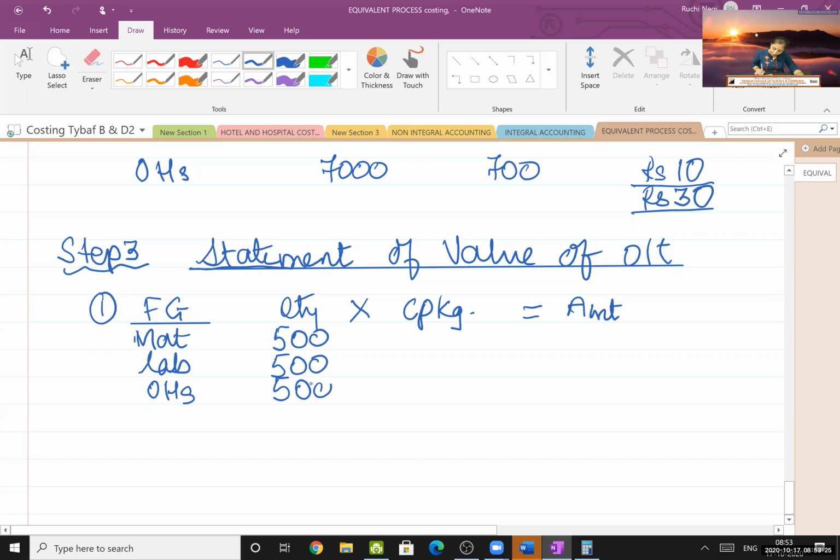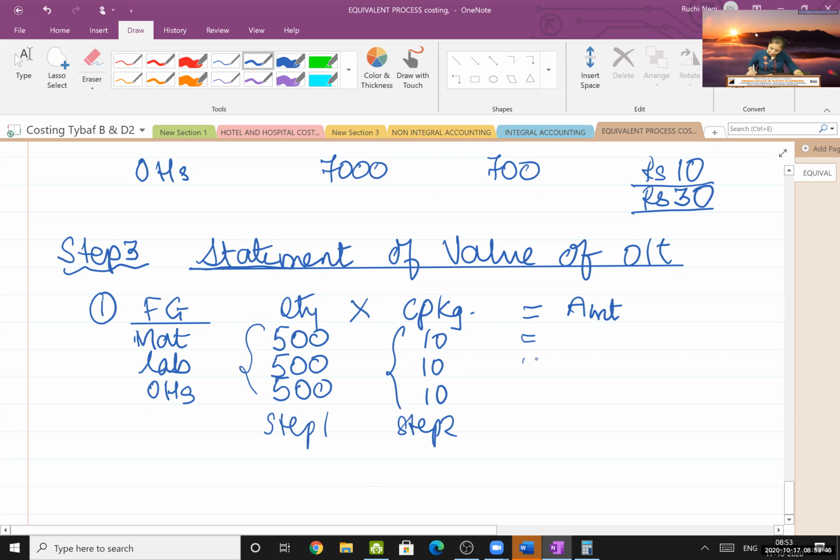This I got from my step 1, the breakup by degree of completion. Then this is how much? 10 rupees, 10 rupees, 10 rupees. This I got from step 2. Am I clear? This you will get from step 1, this you will get from step 2.